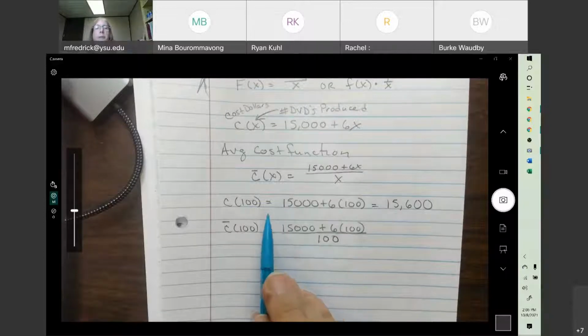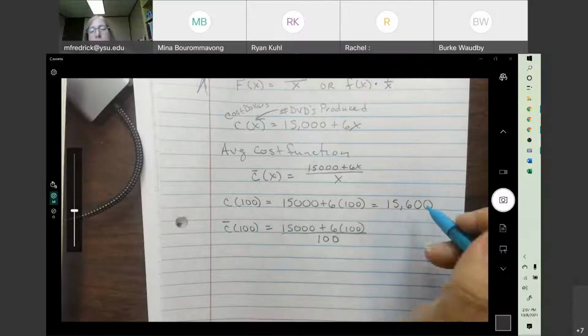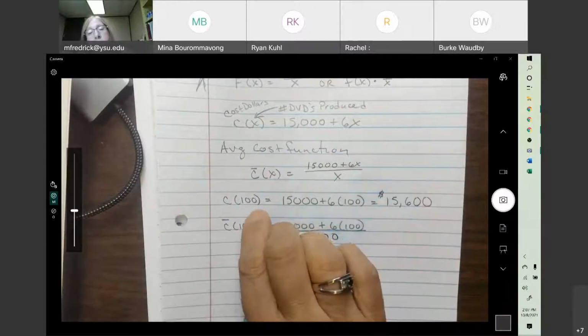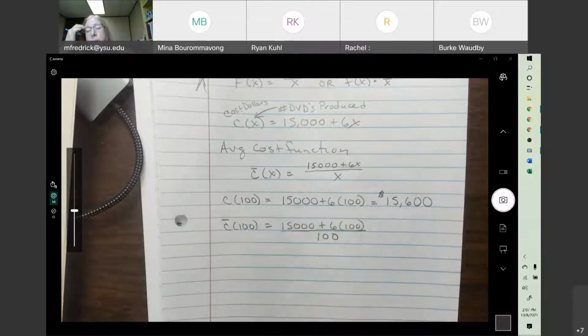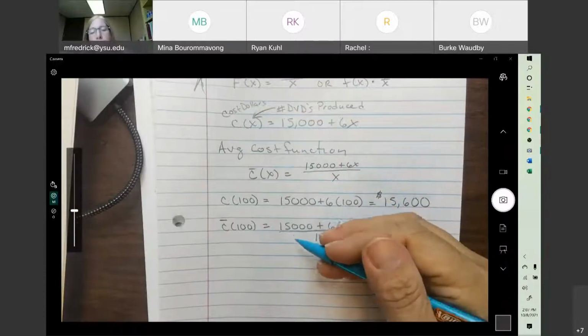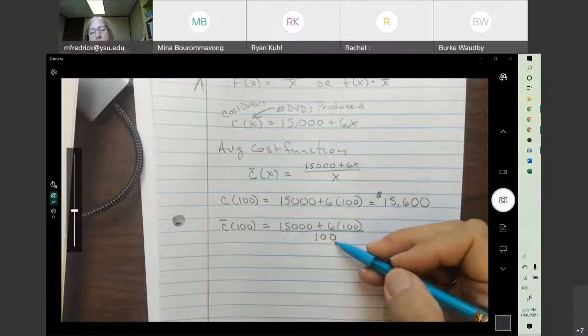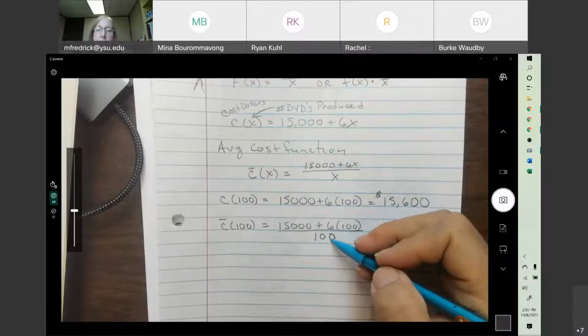In the first one, when you plugged in the 100, you got 15,600. This is the total cost. So if we want 100 DVDs produced, it's going to cost $15,600. Now, if you want to find how much it is per DVD, you find that value and divide by 100 because we were producing 100 DVDs.